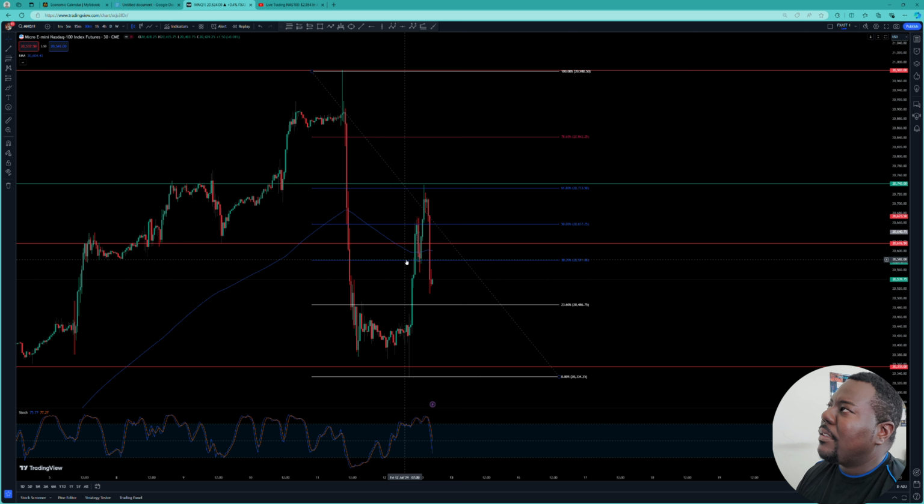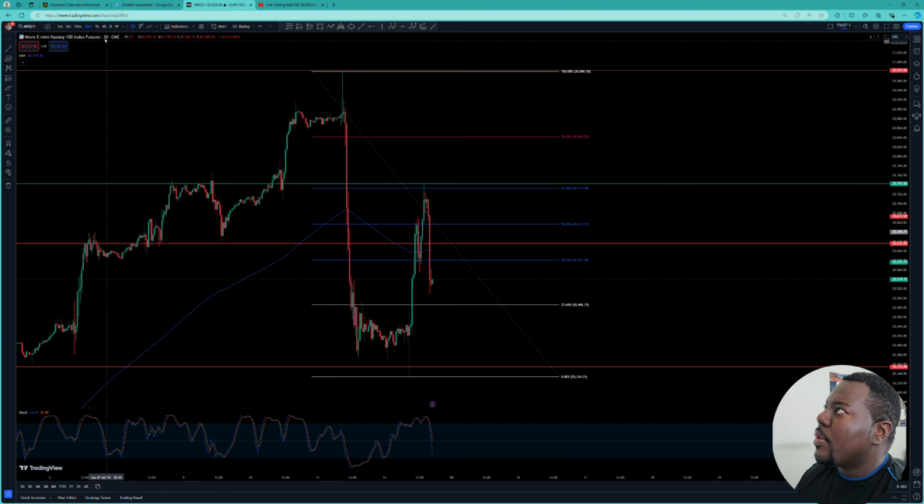Not that I think the overall trend of the NASDAQ is breaking and going into a downtrend, but this could just be a massive retracement, as we have on the daily time frame.